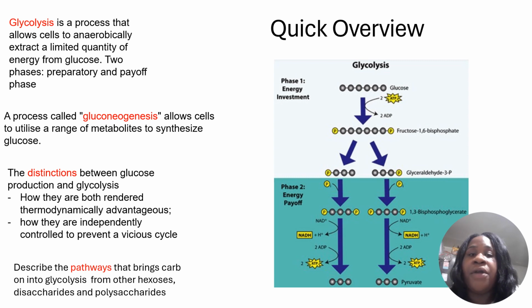Step 4, the bisphosphate is split into 3 carbon sugars by aldolase. Step 5, the 3 carbon sugars are interconverted to glyceraldehyde 3 phosphate by triose phosphate isomerase.